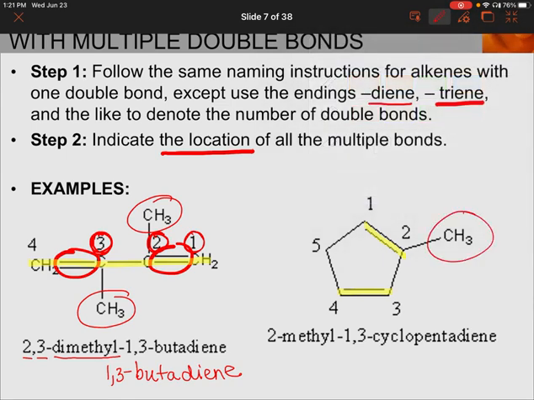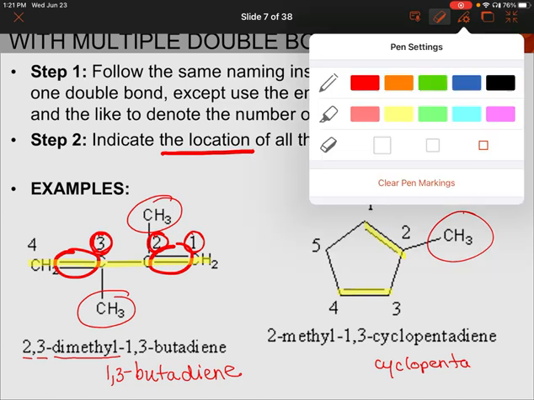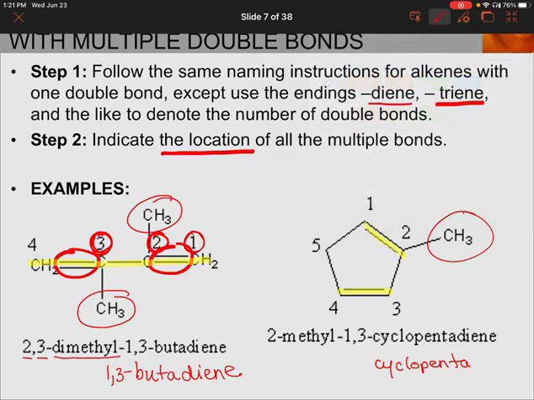Now we also have a methyl group attached at carbon 2, so we'll want to take that into account. Now this ring structure has 5 carbons in it, so normally we would call that cyclopentane. But because we have 2 double bonds in the ring, we're going to replace the ane with diene. So this becomes cyclopentadiene.